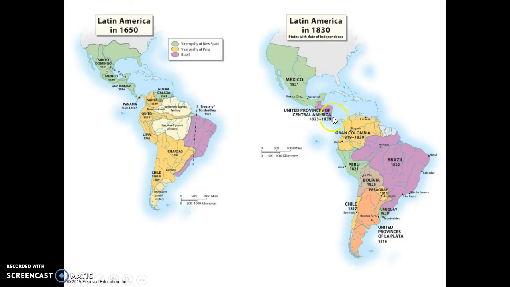Then we have Central America, which was a single country. Gran Colombia included Venezuela and Colombia and Ecuador. Peru, Bolivia had access to the ocean, and there was a war, and Bolivia lost access and is still fighting for it. And some of the other countries. So you see how things have changed since 1830.